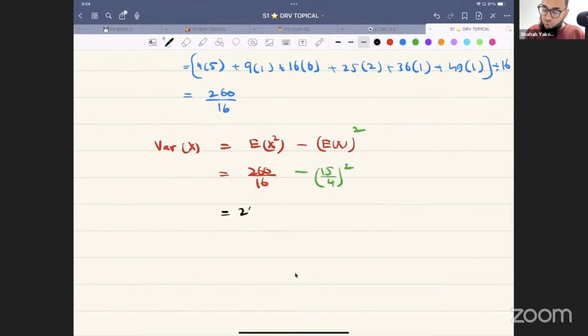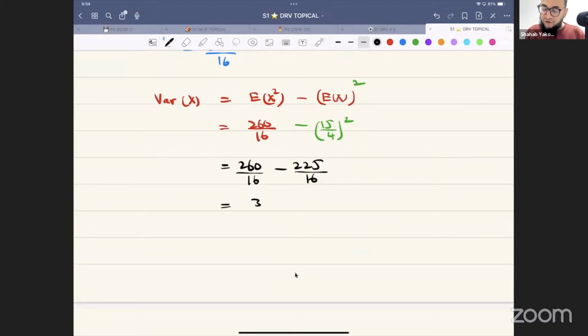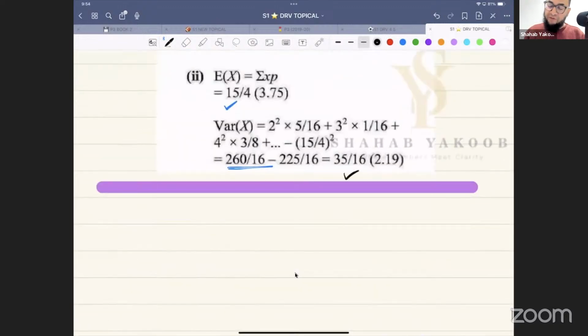So this is 260 over 16 minus 225 over 16. So that is 35 over 16. That is the variance of x. So now this question, the Gohan and the die, is also done and dusted.